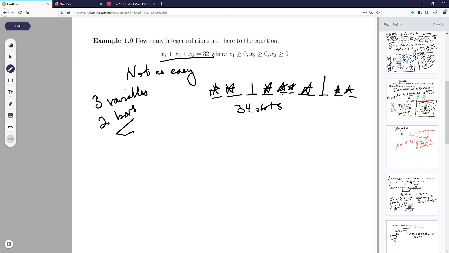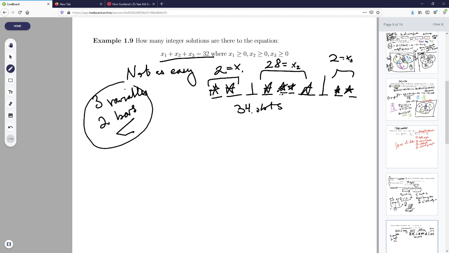So what's the deal with that? The deal with that is that here, you would add up the number of stars and you would get 2 is assigned to be x1. And then here, because the last 2 are separated, we get 2 is equal to x3. And here, I guess we would get 28 is equal to x2. Yeah, the 2 bars are based off of the 3 variables.